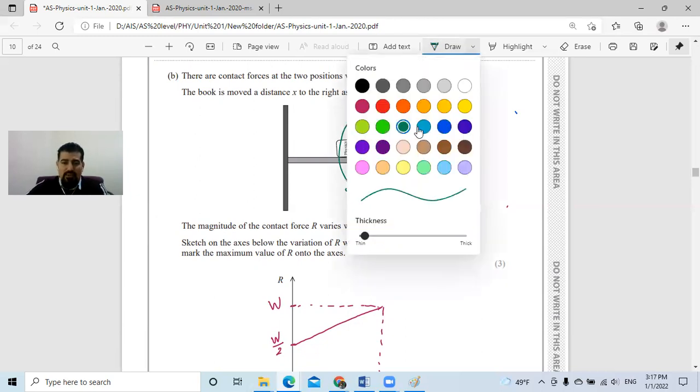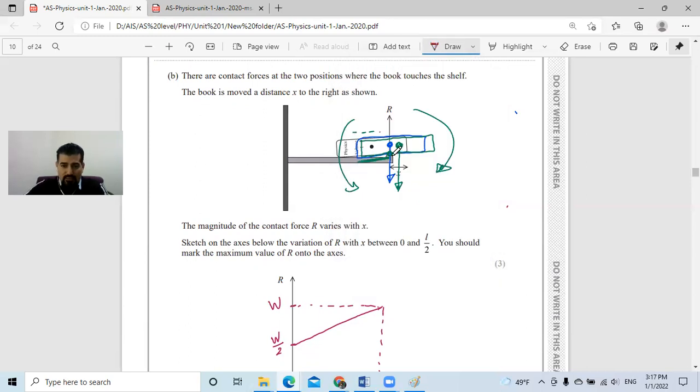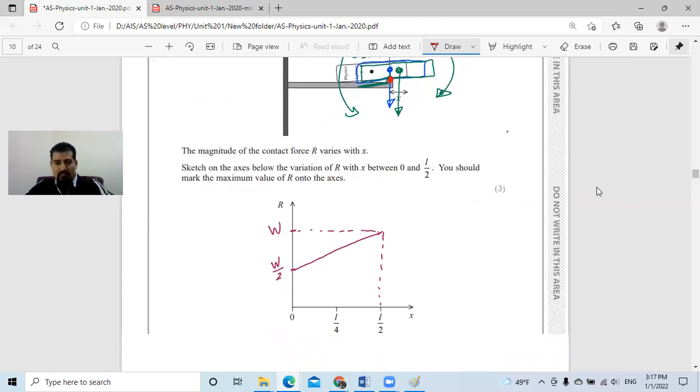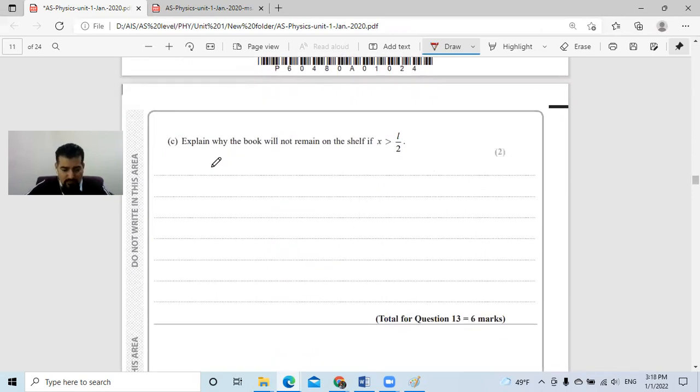I will assume that the end of the shelf here is the pivot. So this moment makes it what? Makes it fall down. So what we're going to say here is that the center of mass will be out of the shelf, and causes what? A moment clockwise out of the shelf.